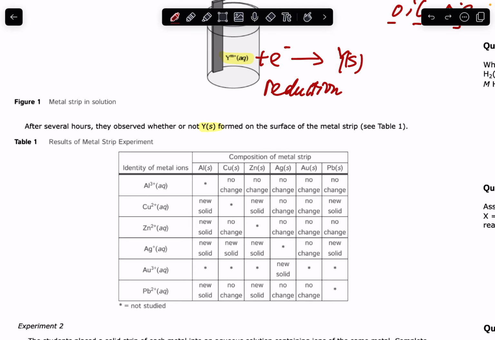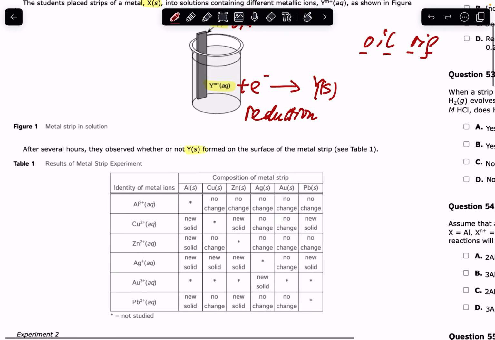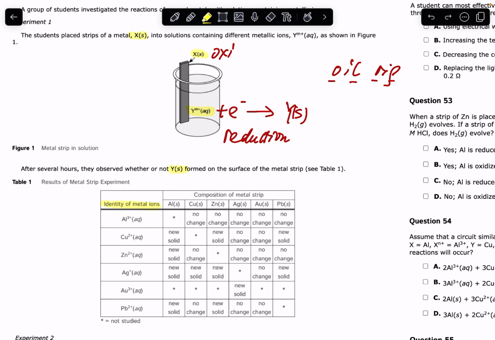All right, so table 1. Table 1 is the results of the metal strip experiment, okay? So basically table 1 here says identity of metal ions, right? So these are basically the Y^(m+), in its aqueous form. Whereas here you see the composition of metal strip. These are the solids, right? So these are really the X(s), all these, okay?